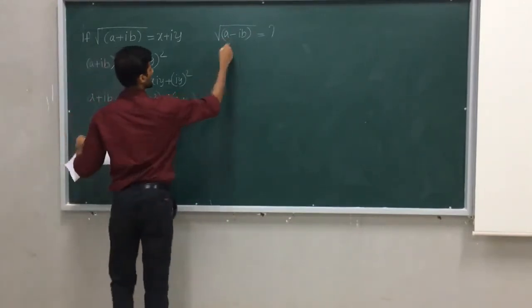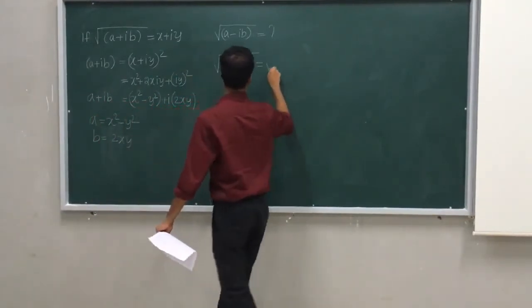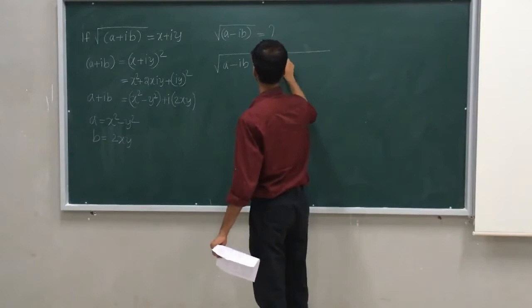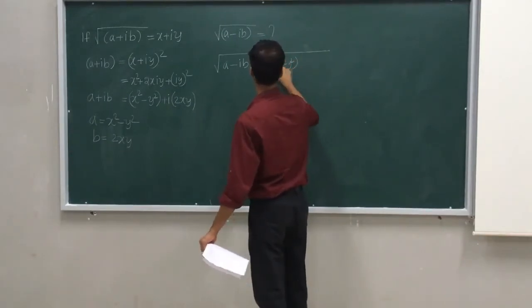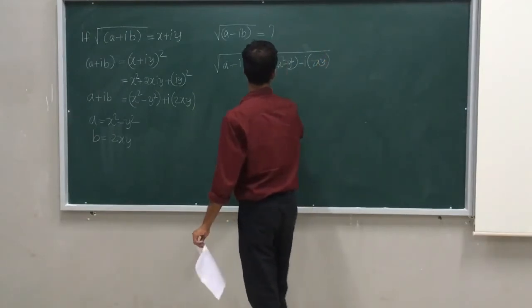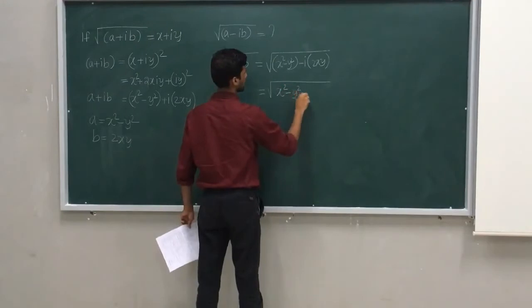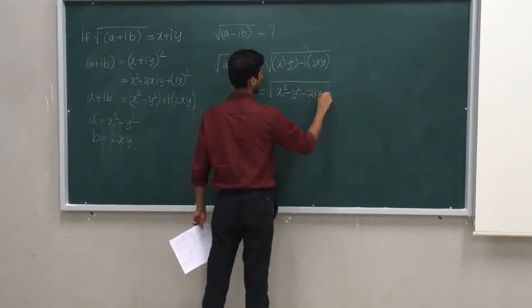I want to answer this question, right? So I will consider now a minus ib. What is a? A is x square minus y square. What is b? 2xy. So it is nothing but x square minus y square minus 2ixy.